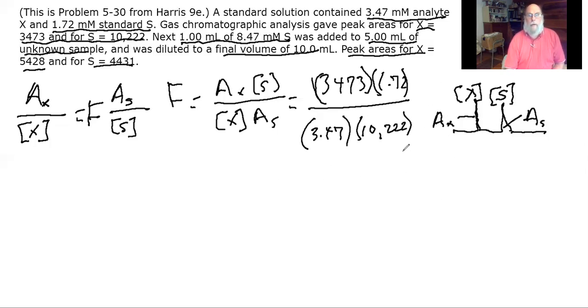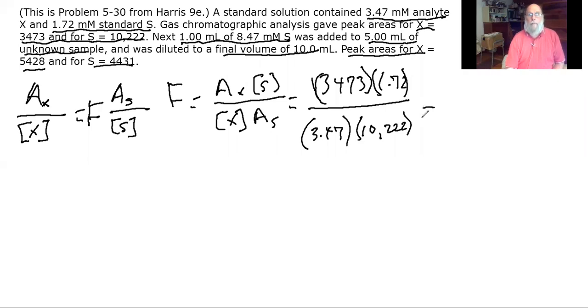Let me get rid of this so I can save space. All right. And so F equals 0.168. And I've kept way more sig figs than I deserve, but we'll leave those as subscripts. All right, so that's something we're going to need right along here. I'll underline that.